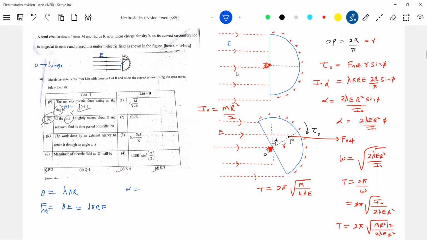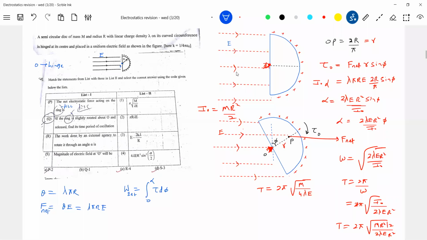Work done by X-ray agent should be equal to torque into d theta. So what is that angle? Through an angle alpha is telling 0 to alpha. D phi you substitute. Can you solve this? It's only integration.